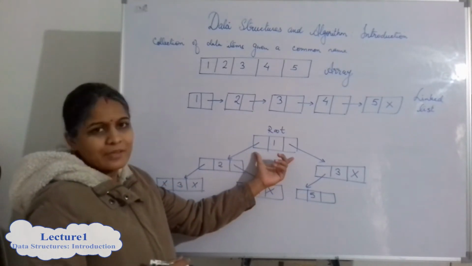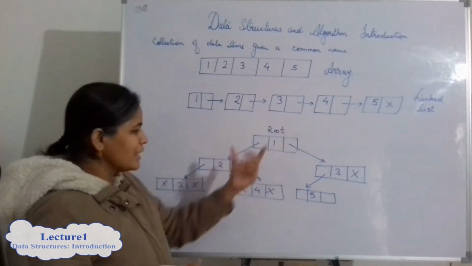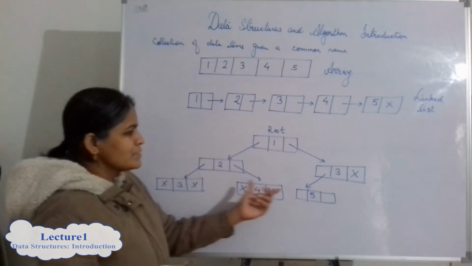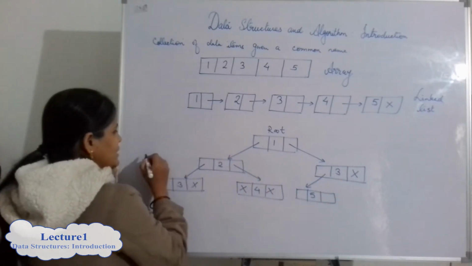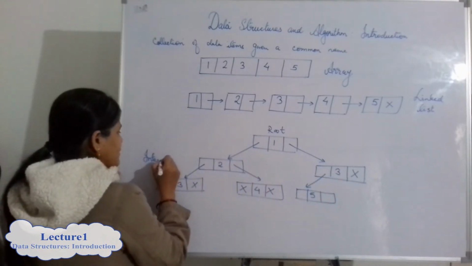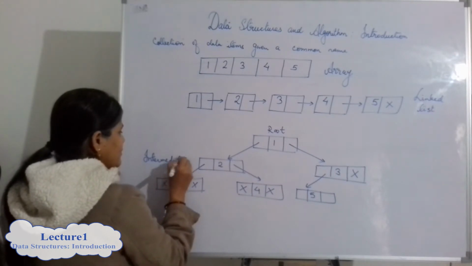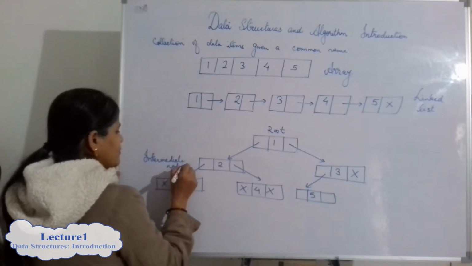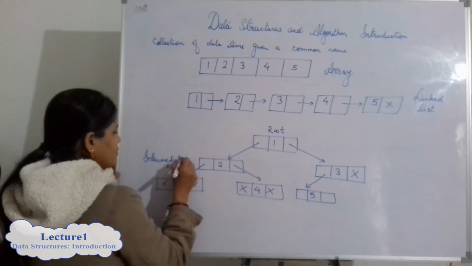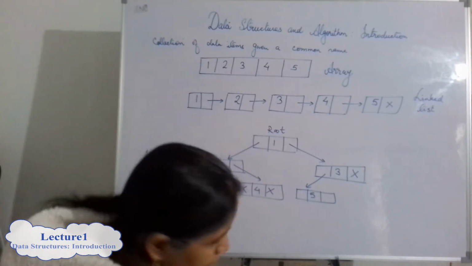The first node is called the root node of the tree. These nodes are called the intermediate nodes. Okay.